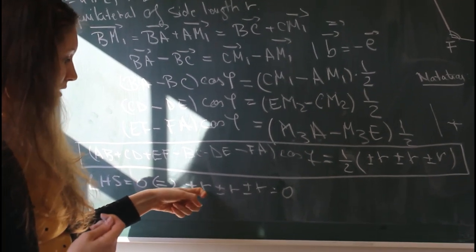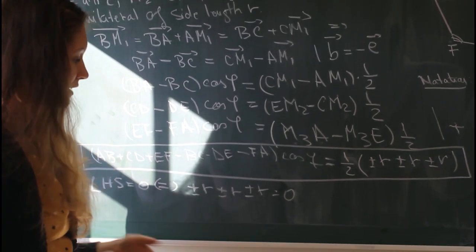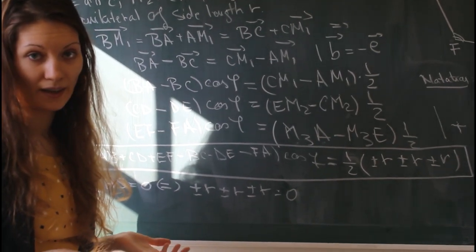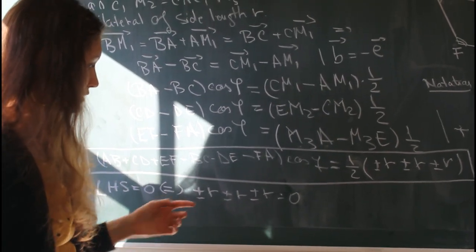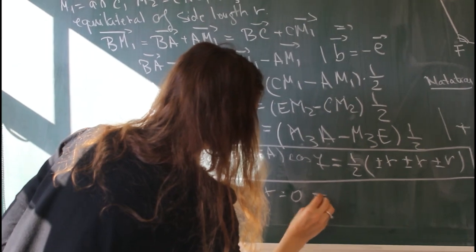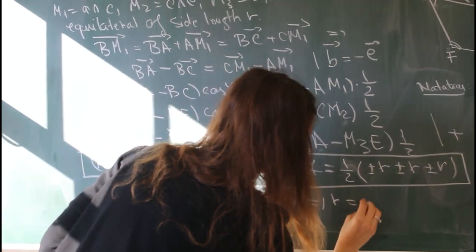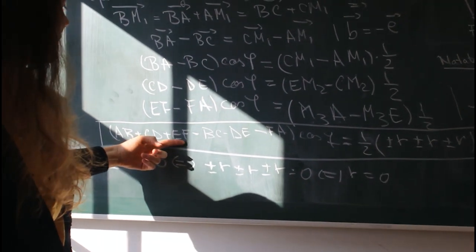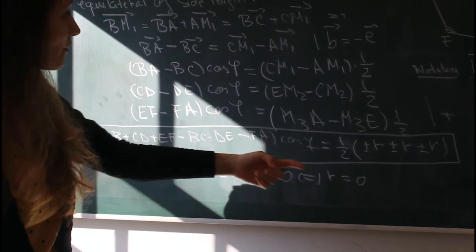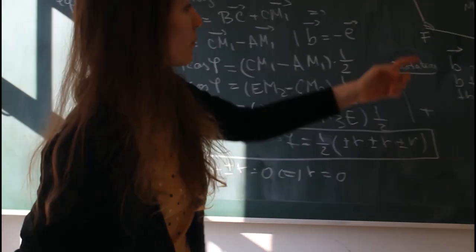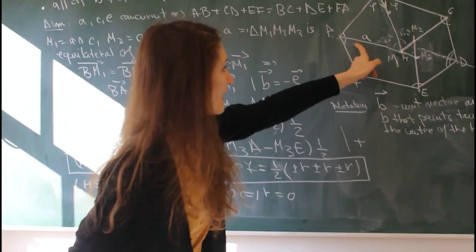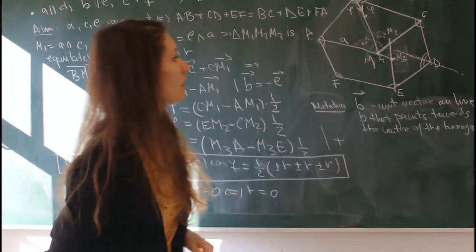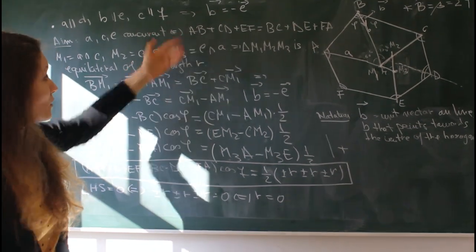So if we start, for example, with r plus r plus r, that is 3, therefore it's always going to be an odd integer. So this is 0 if and only if r is 0. So in fact, we proved that this expression here is 0 if and only if r is 0, which means exactly that A, C, and E are concurrent. So we proved the equivalence relation.